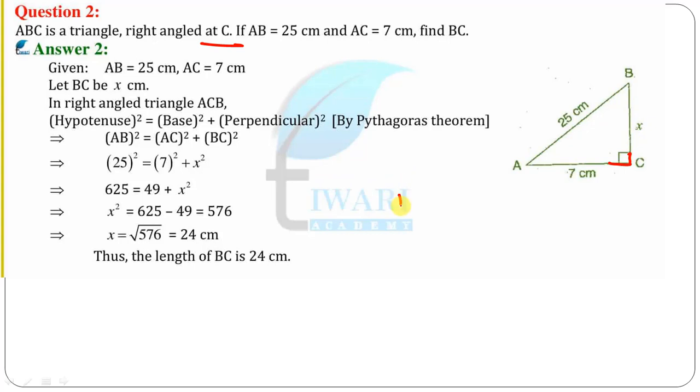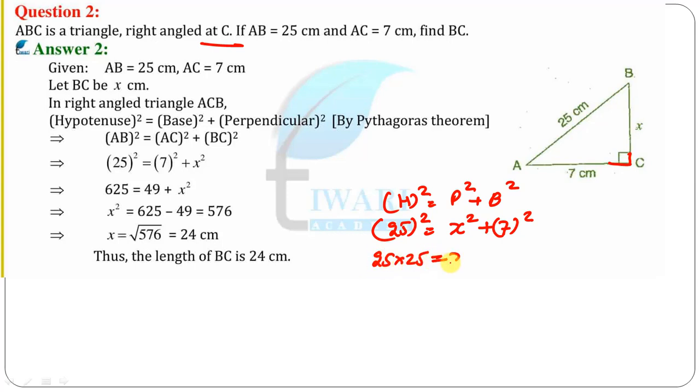So again, Pythagoras theorem: hypotenuse square is equal to perpendicular square plus base square. Now the value of hypotenuse is given, it means 25 square. The perpendicular value is not given, so you take x square, and the base is given, that is 7 square. So 25 into 25, that is 625, is equal to x square plus 49.